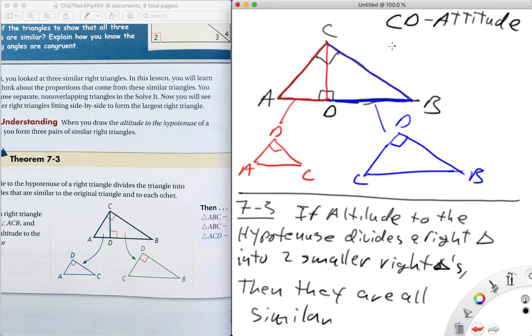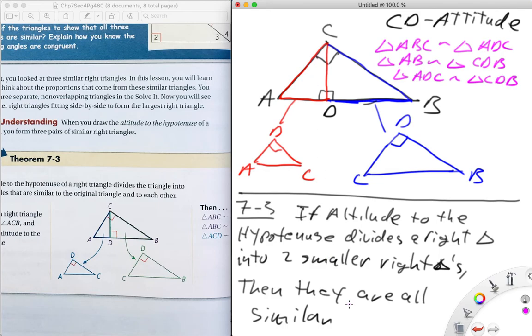Alright, so then triangle ABC is similar to triangle ADC. Triangle ABC is similar to triangle CDB, and triangle ADC is similar to triangle CDB.